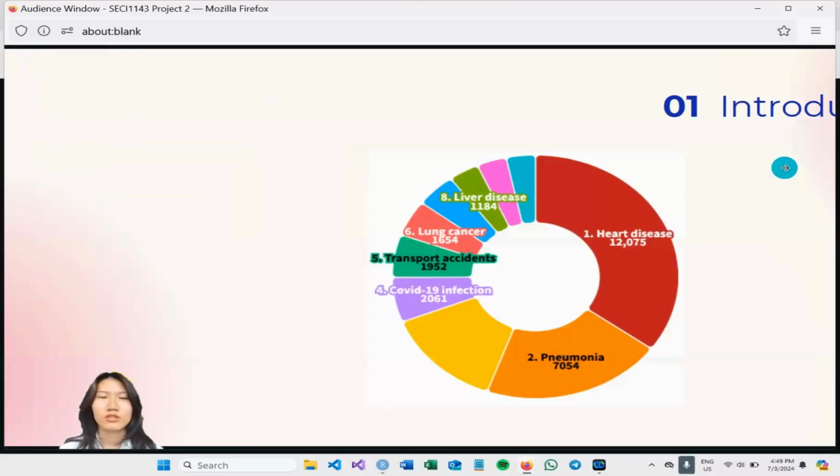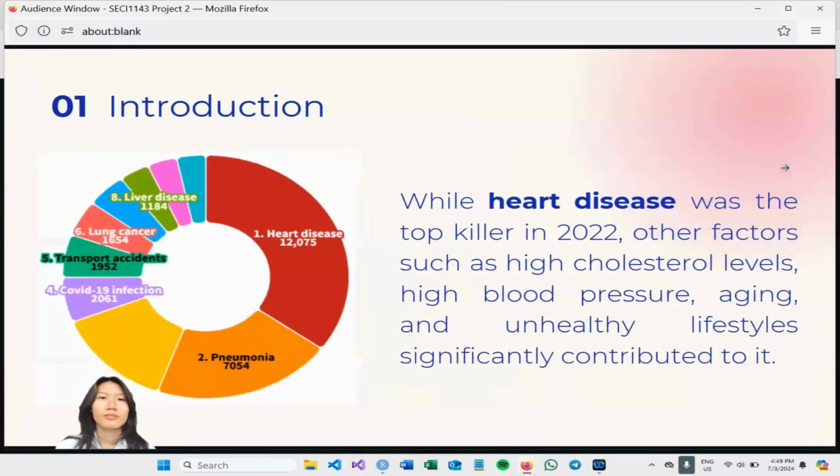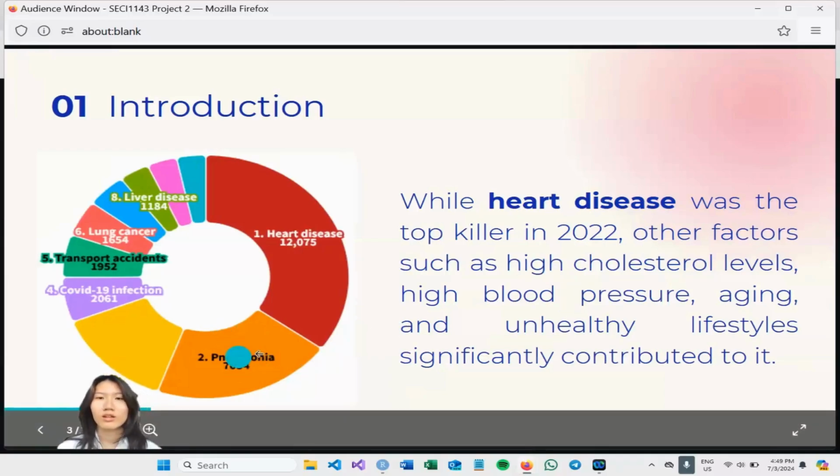In this introduction, based on a statistic conducted in 2022, around 95,000 death cases were reported in 2022 alone, and more than 12,000 cases are related to heart disease and also other health condition issues such as lung cancer, liver diseases, or pneumonia.